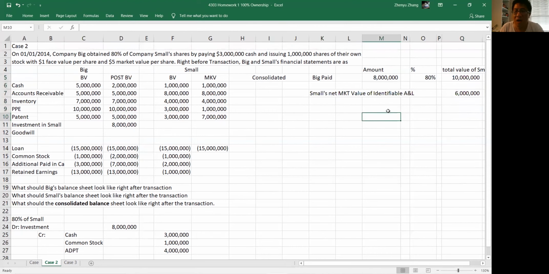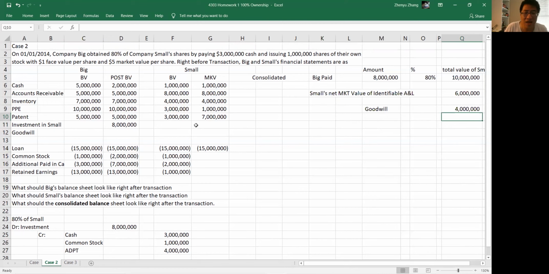So on top of what's identifiable, Big pays 4 million more. That 4 million must be unidentifiable, and we call it goodwill.